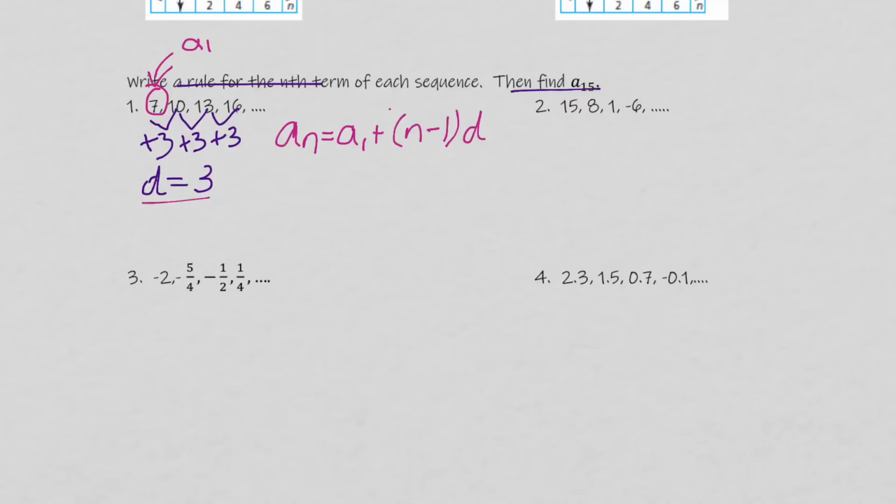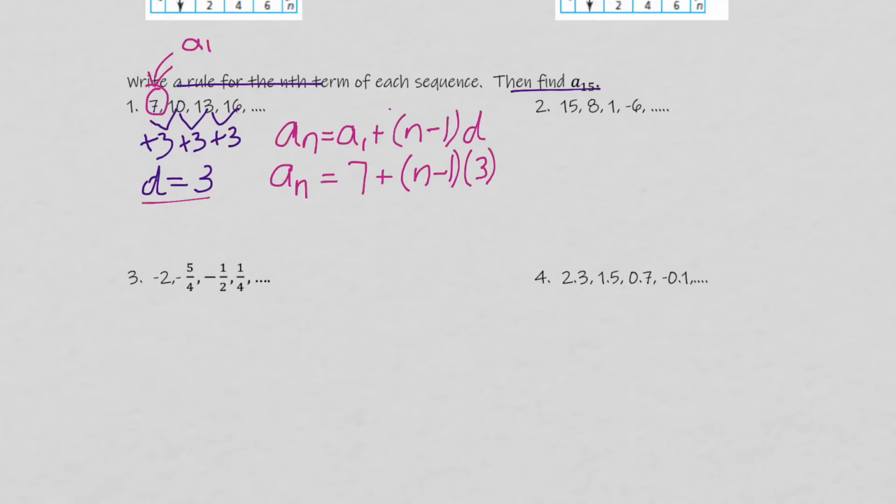Those are the 2 things I'm actually going to put in when I write my general rule. If I'm given the sequence, I'm going to find the common difference, and then I'm going to write it. So my a sub n will stay the general rule for every sequence, the relationship between them. My first term, a sub 1, we said was 7, plus n minus 1, and my d is 3.